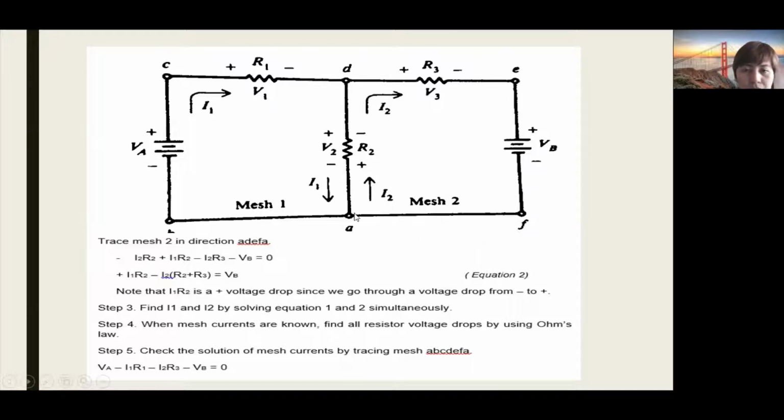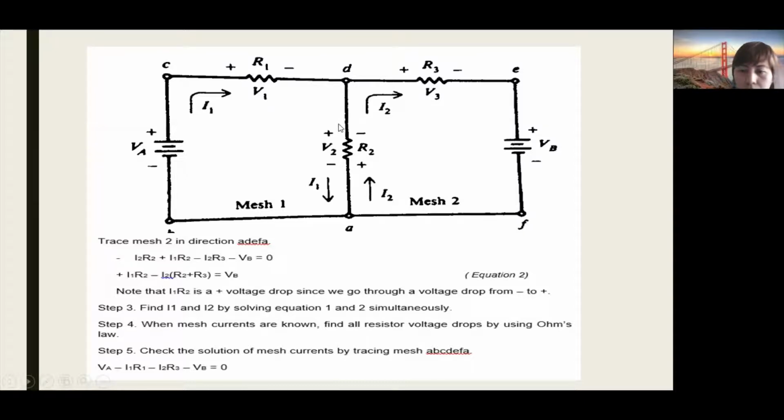So where is it? I1, it's here, and then R2. So it's positive because we go through a voltage drop from negative to positive.